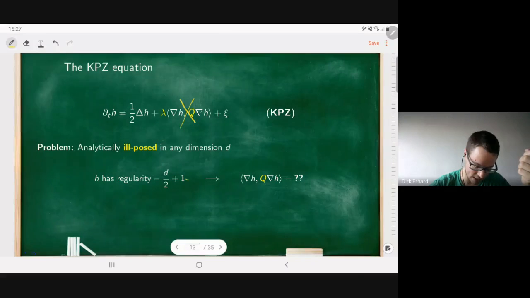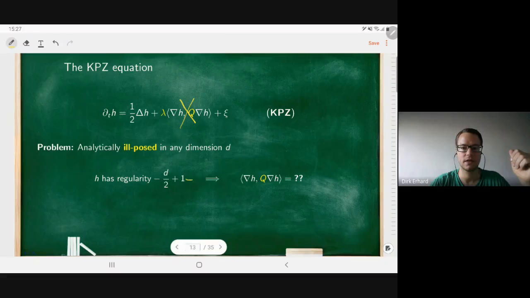Actually, there's a minus missing here: minus d over 2 plus 1, minus. So dimension 1 would be almost 1/2 Hölder, like Brownian motion. In dimension 2, it would be less than 0 Hölder. In dimension 3, minus 1/2 Hölder, actually a little bit less. And if there's a negative regularity, this really means it's not a function anymore. It's a generalized function, a distribution.